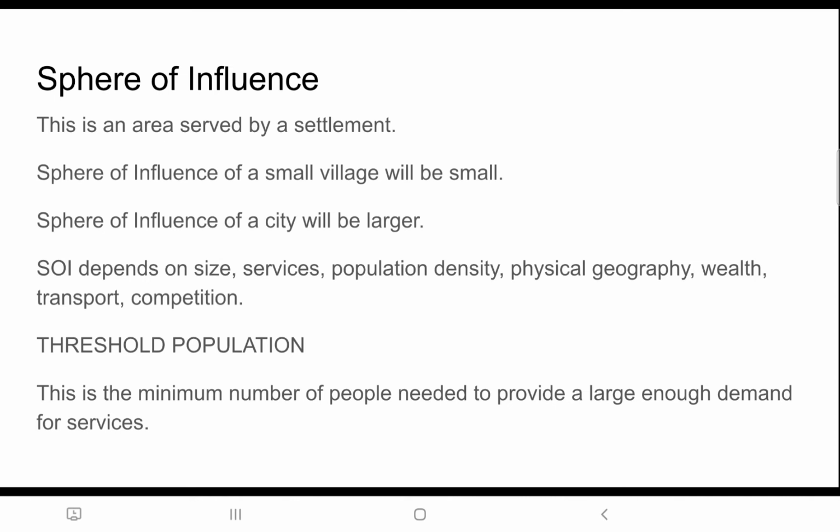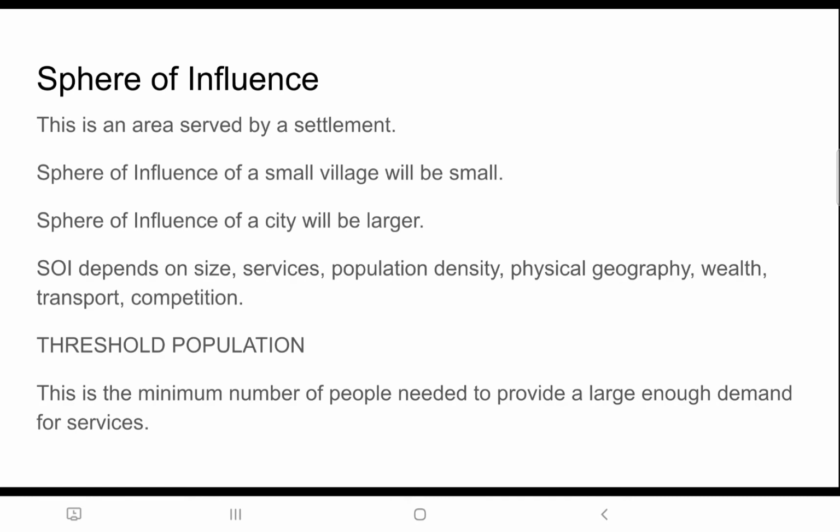For example, if you're in a settlement and there's a nearby settlement that provides similar services, the sphere of influence for your settlement will be smaller because you have that competition. People can go to two places. So those are the factors that you need to know that will affect the sphere of influence.